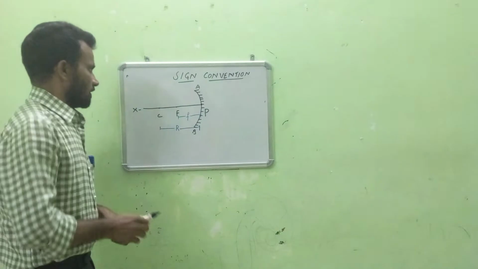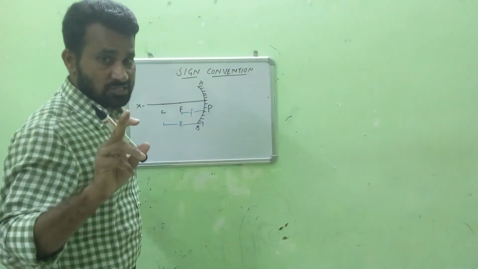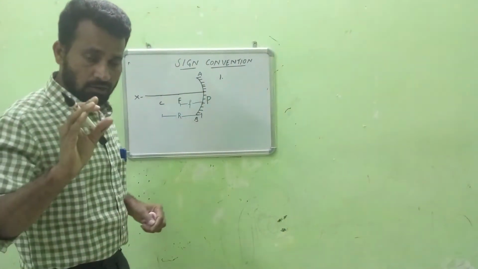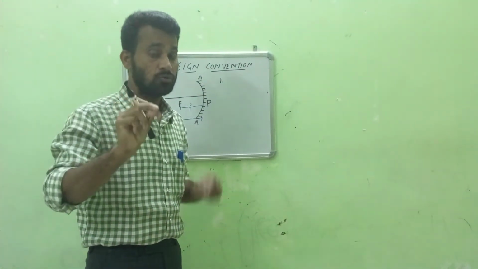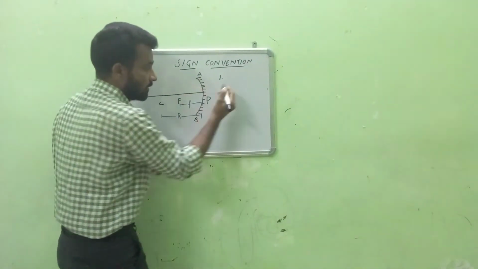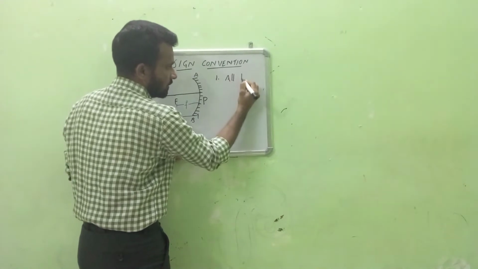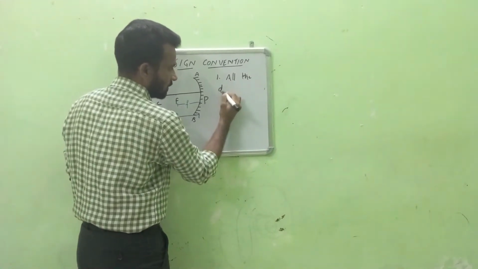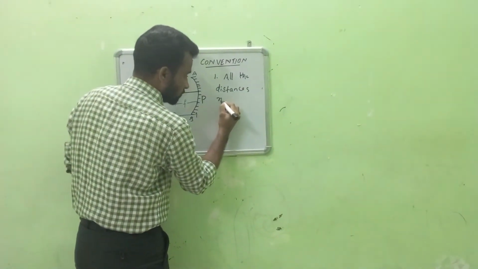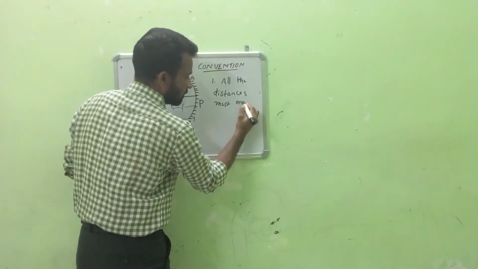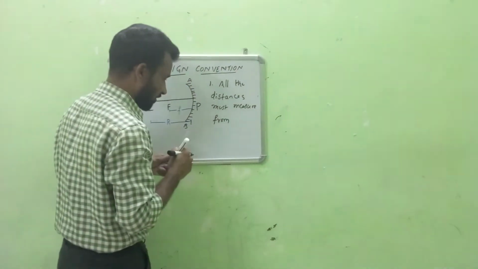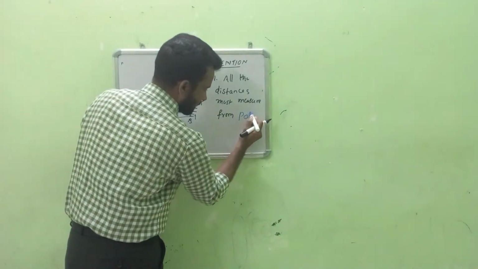Now the very important first point: you must measure all the distances from the pole only. I am using another pen, a blue pen, for you.